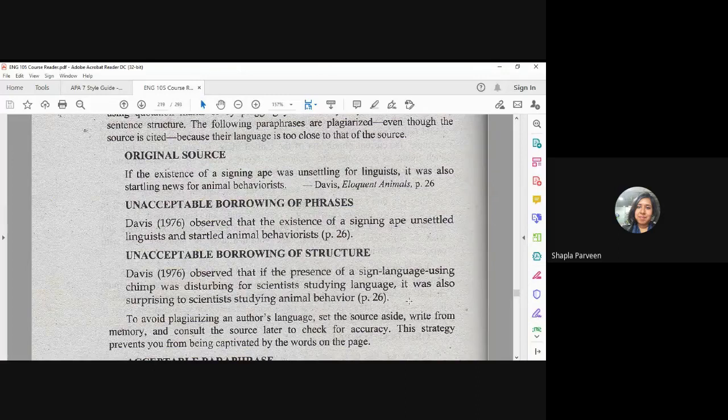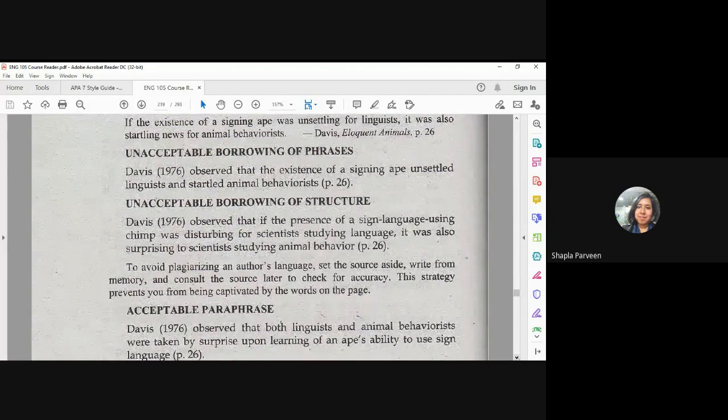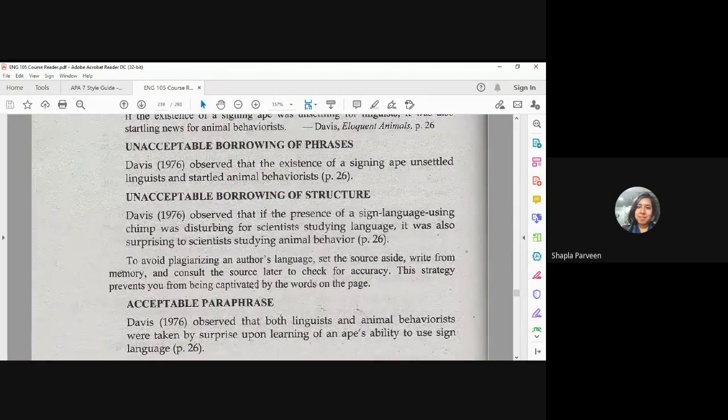You can give longer phrases, that is not a problem either, but not too long, of course. Okay, so to avoid plagiarism, or to avoid plagiarizing an author's language, set the source aside, write from memory, and consult the source later to check for accuracy. This strategy prevents you from being captivated by the words on the page.